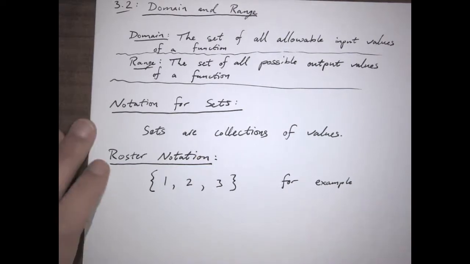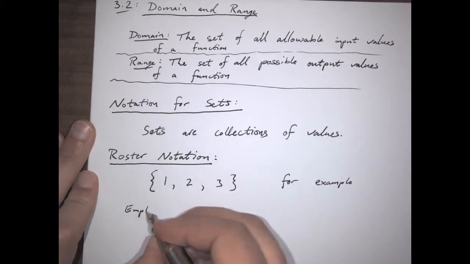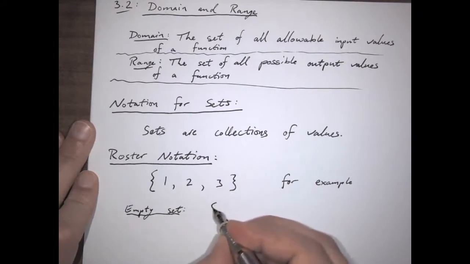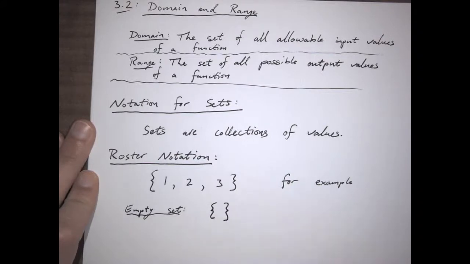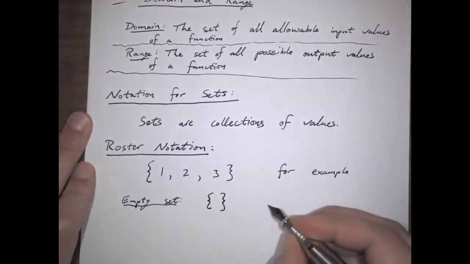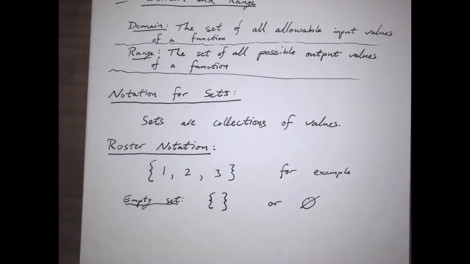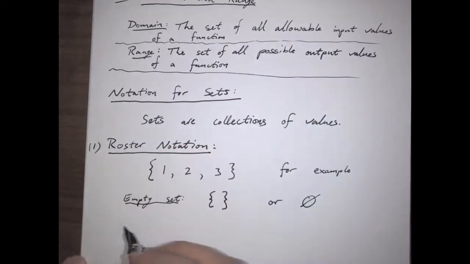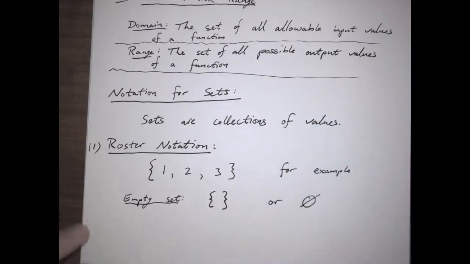And then the empty set, which is the set that has nothing in it, is either written with just an empty set of braces, or sometimes it's written as a big rounded 0 with a line through it. That's the first notation that we frequently use for sets. This is the best kind of notation if your set only has a few elements in it.